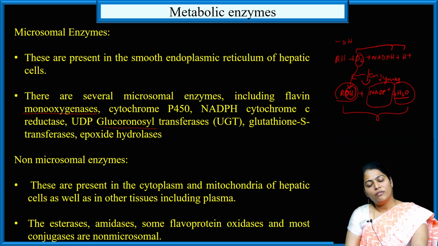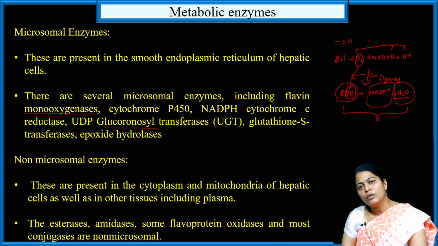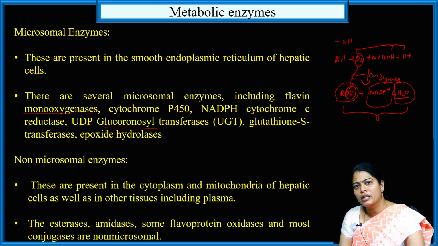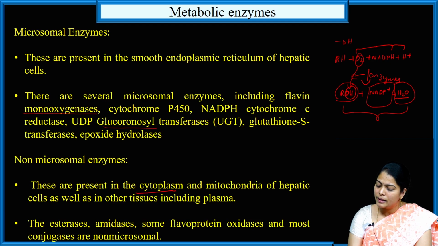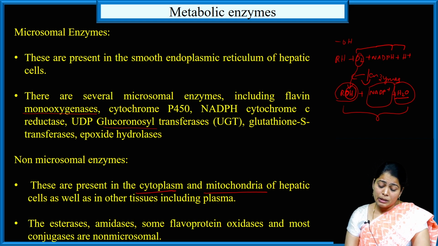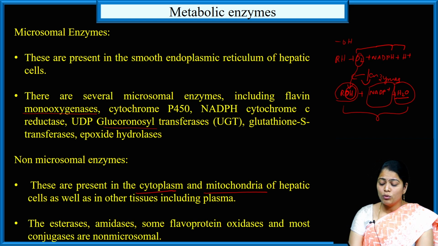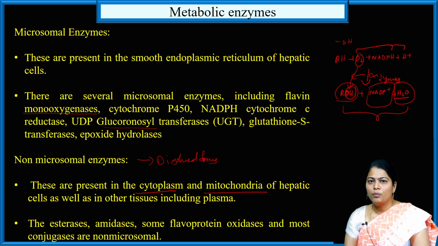The second type of enzymes are non-microsomal enzymes. These non-microsomal enzymes are also present in the liver, but they are present in the cytoplasm and mitochondria of the cell. The special point for these non-microsomal enzymes is that they are in dissolved form in the cytoplasm.